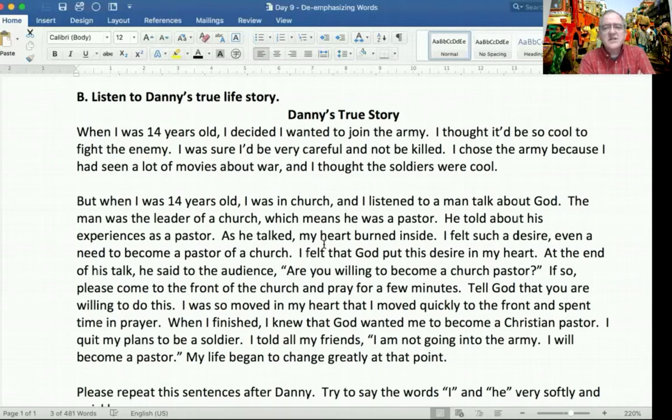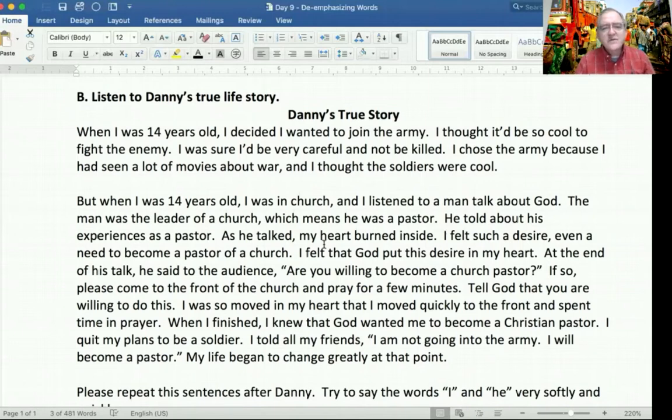I felt such a desire, even a need, to become a pastor of a church. I felt that God put this desire in my heart. At the end of his talk, he said to the audience, "Are you willing to become a church pastor? If so, please come to the front of the church and pray for a few minutes. Tell God you are willing to do this."